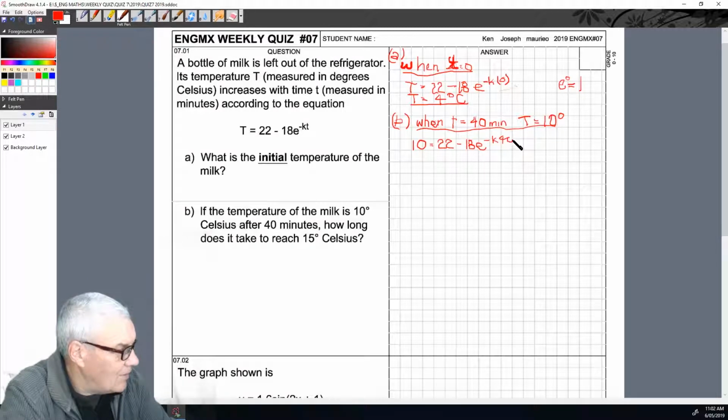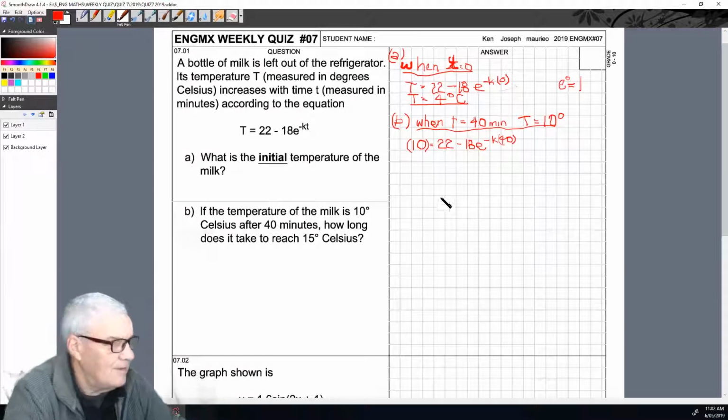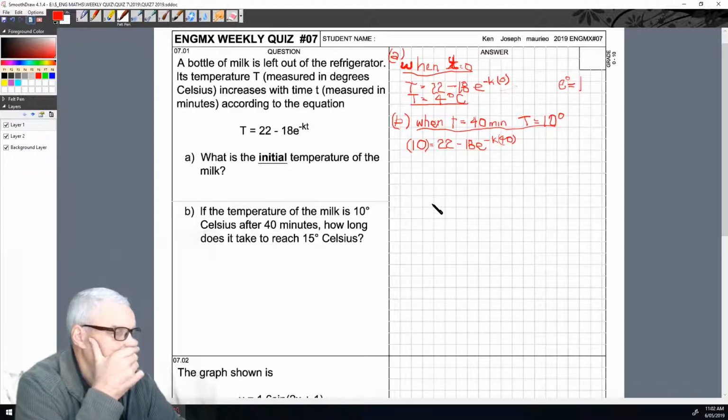Just filling that in there. Put a bracket around it, so that we know that was there.